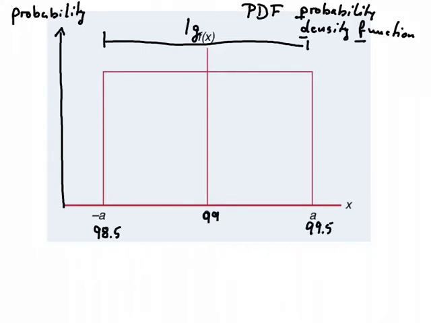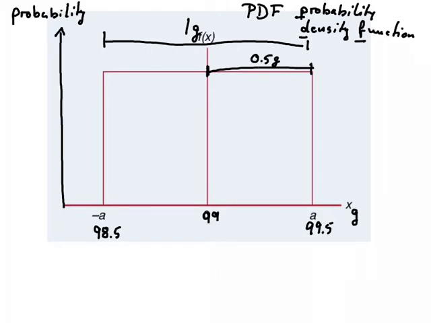So we know that the value that the banana actually weighs, the absolutely accurate value, is somewhere between 98.5 and 99.5 grams, but we don't know exactly where it is. We know that this part here, from here to here, is 0.5 grams. And we have a probability, which is denoted on the y-axis.